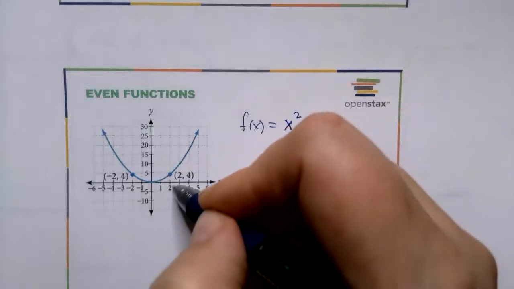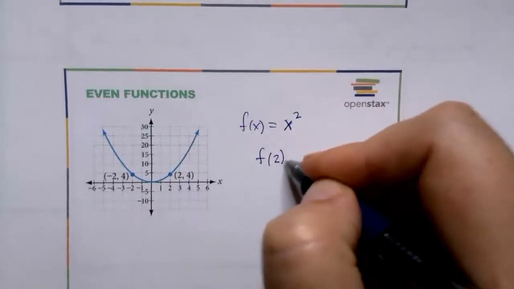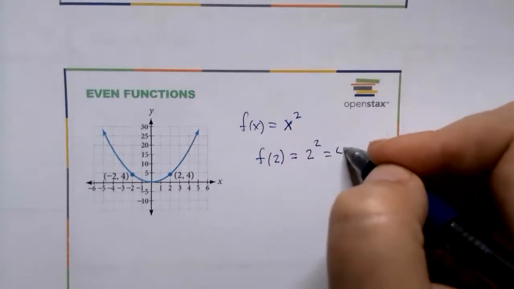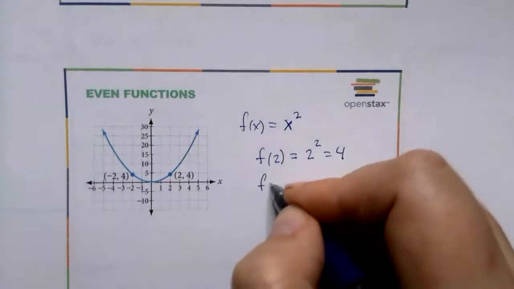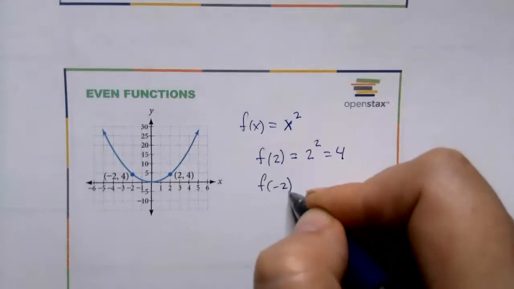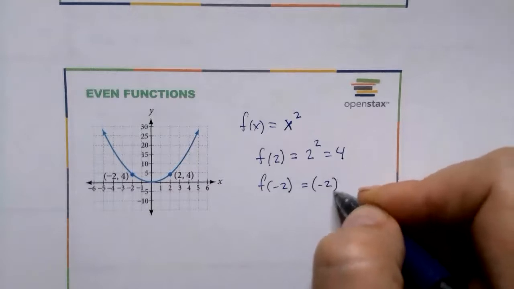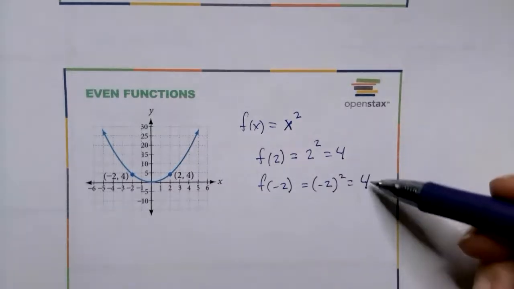So if you had a positive input, let's say positive 2, it squares it and you get a positive 4 as the output. What happens if you input a negative 2? Again, it squares it and you still get a positive 4.